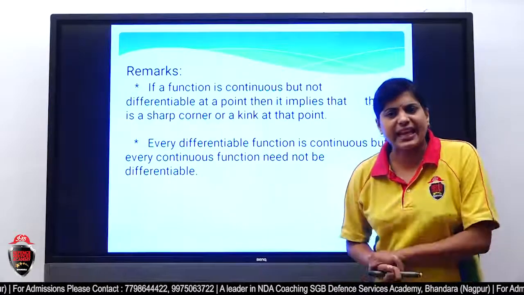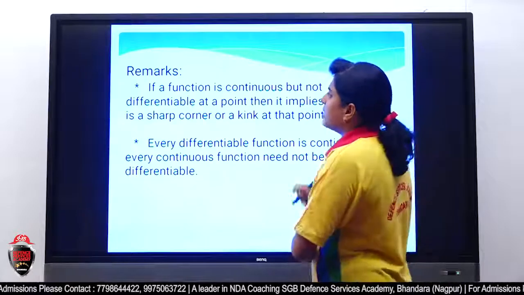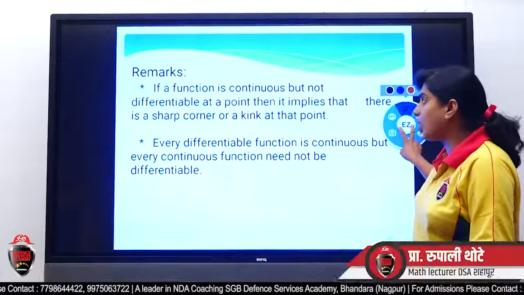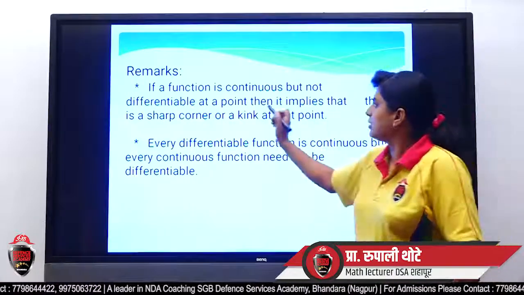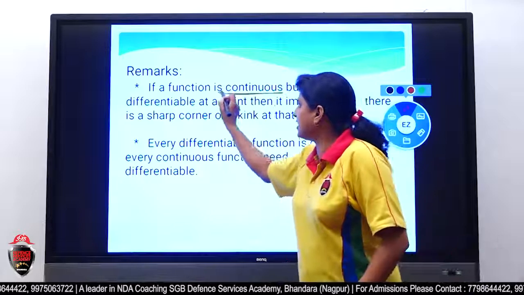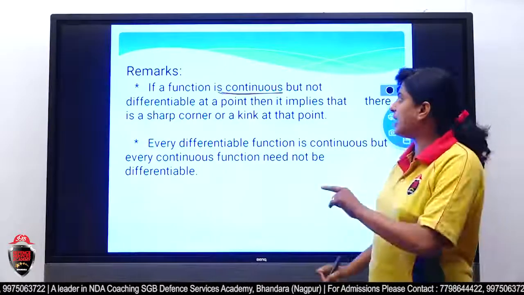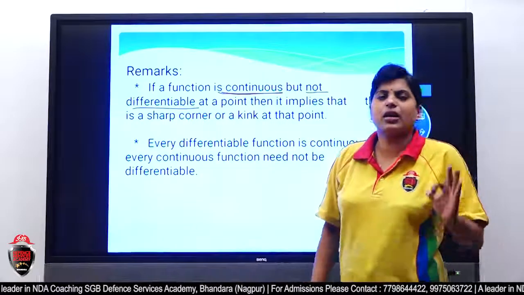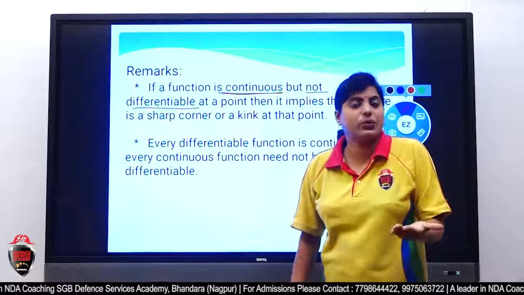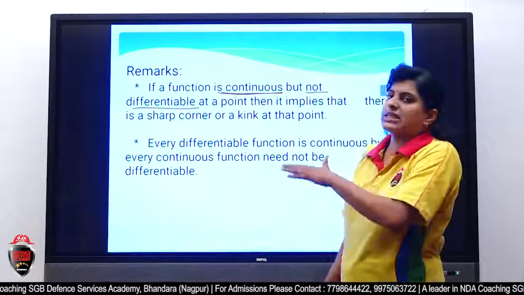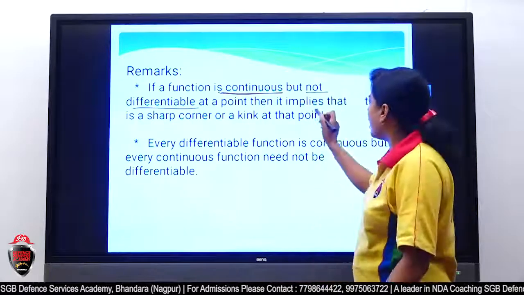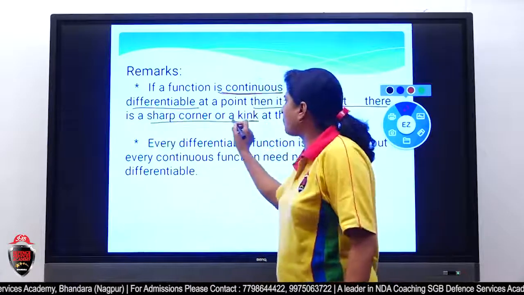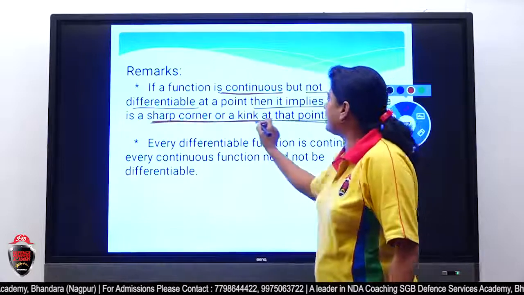So is there anything left? So yes, see, a function can be continuous but not differentiable. What did I say? The function is continuous but what? Not differentiable at a point. At any given point it is continuous but not differentiable. Now it implies that there is a sharp corner or kink at that point.